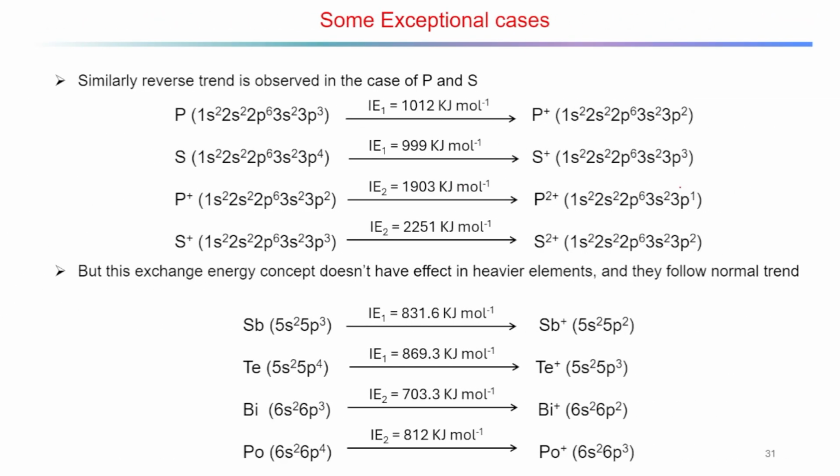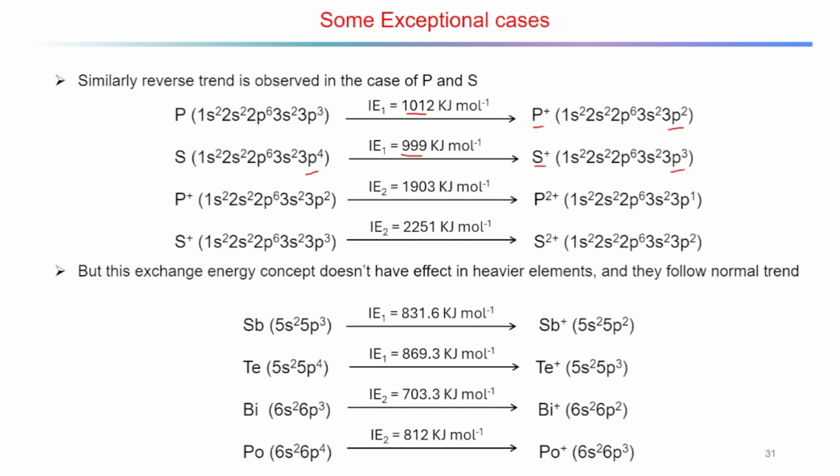Let's see some more cases. For example, if you see phosphorus and sulfur, similar to the nitrogen and oxygen case, phosphorus is having 3p3 and sulfur is having 3p4. So if we consider the first ionization energy, the phosphorus will have higher first ionization energy compared to the sulfur, right? But now it is becoming phosphorus positive and sulfur positive. Now phosphorus positive has 3p2, only 2 p electrons, and sulfur positive is having 3p3.